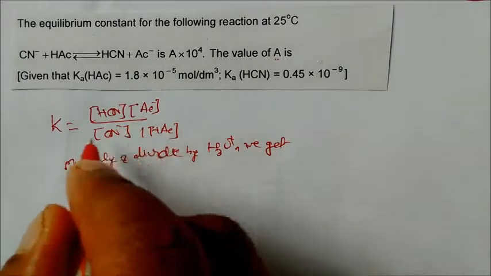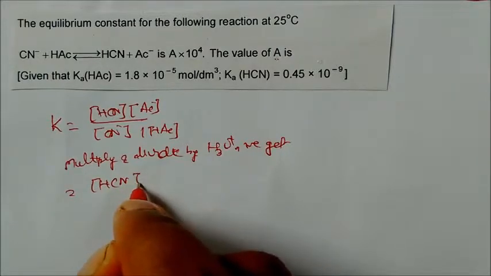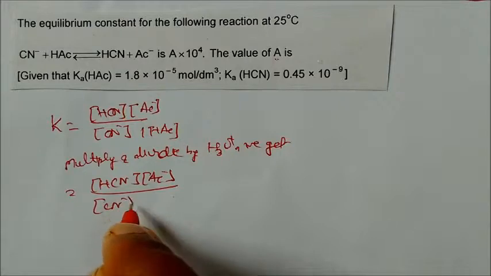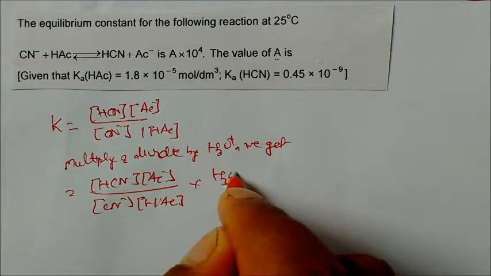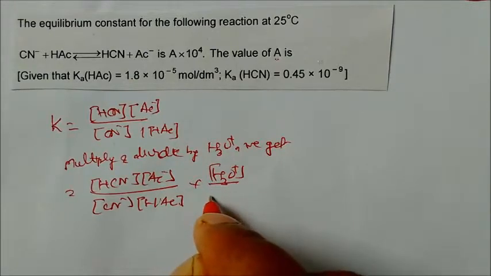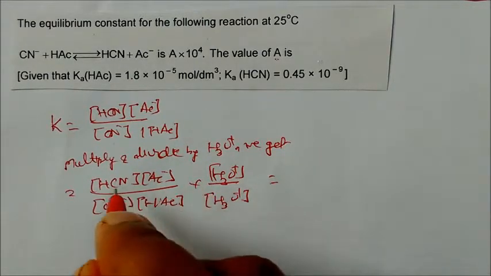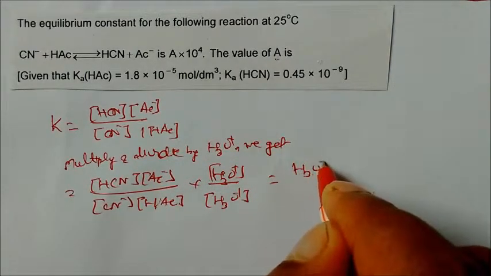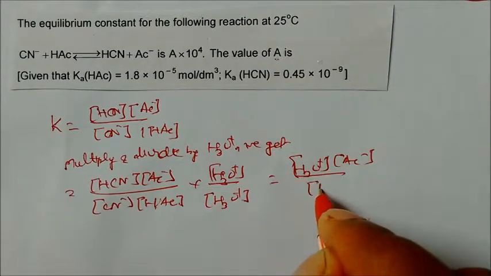We will get the dissociation constant of each acid. So first multiply and divide. This is the AC⁻, again divided by CN⁻, this will be your HAC multiplied by H3O⁺ up and down. This is the numerator, this is again the denominator. Now write separately: H3O⁺ AC⁻ divided by HAC.